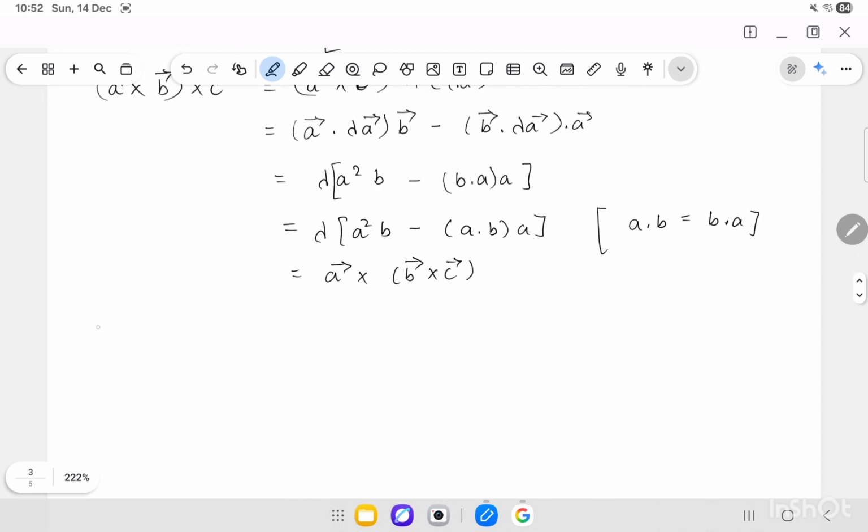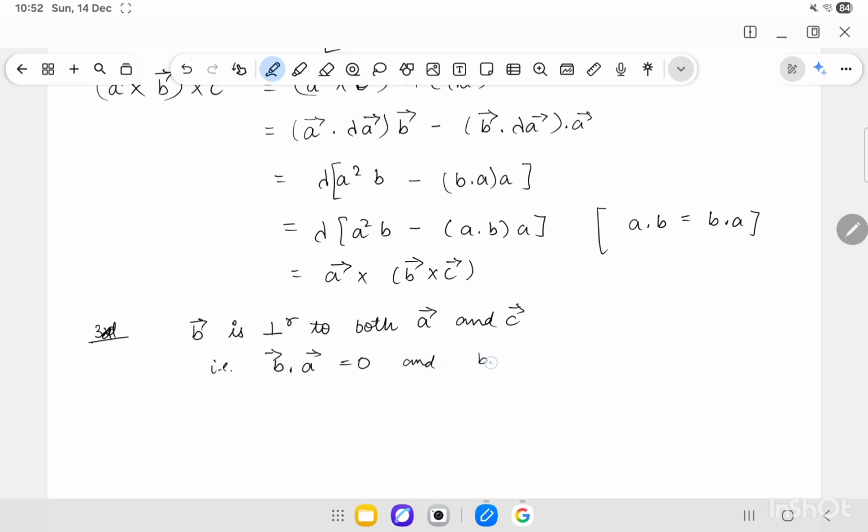Now let's see if the third condition holds, whether the given relation holds or not. So the third condition is B vector is perpendicular to both A vector and C vector, that is, B dot A is equal to 0 and B dot C is again equal to 0.